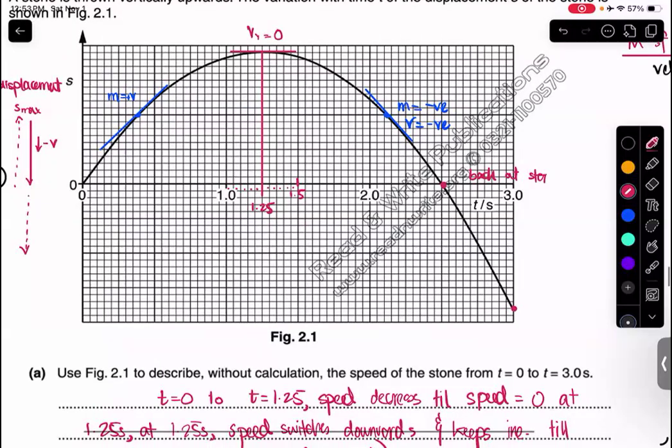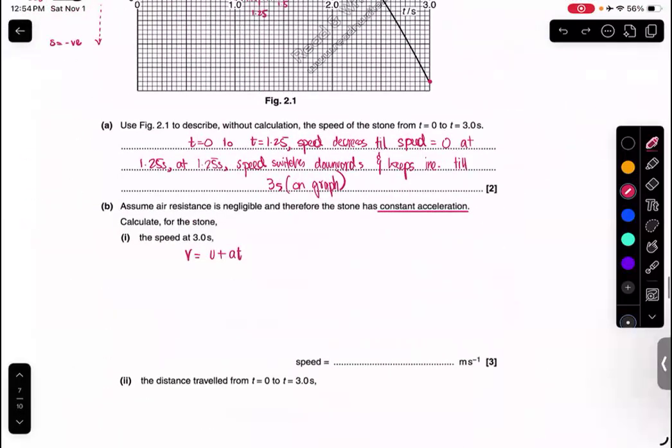And can we choose this time as our starting time? If your speed was 0 at this point, can we take this 0 as a reference point? And after this, the speed keeps increasing. Can we find out the speed at 3 seconds at that point? Yes, absolutely. So that's it, the question is solved.